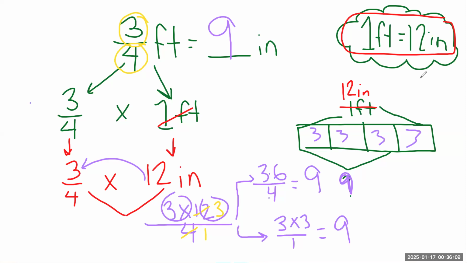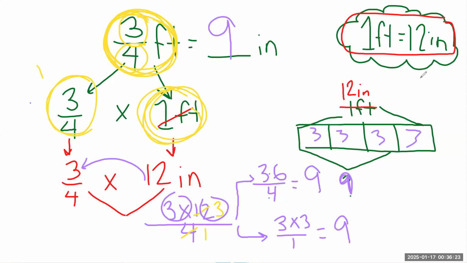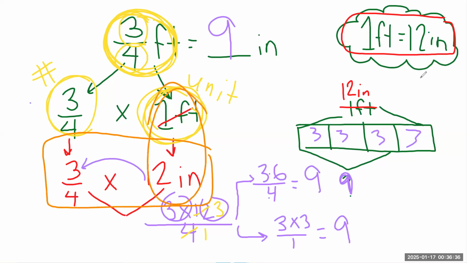by yourself. Let's review the steps that we did before we do the next one. Step number 1 was we took what we were told and we made a number bond to separate the number from the unit. Step 2, we converted the unit.